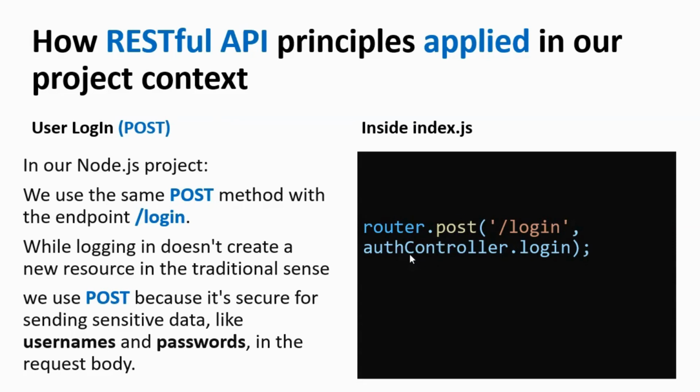Actually, it's not to create data, but post is usually also used because we want to send sensitive data like the username or the password securely. So whenever the user clicks on the login page, we use post to transmit the username and password, or the hashed password, to the server, so that we can compare the entered email with the email in our database, and the hashed password with the hashed password in the database, to log in the user.